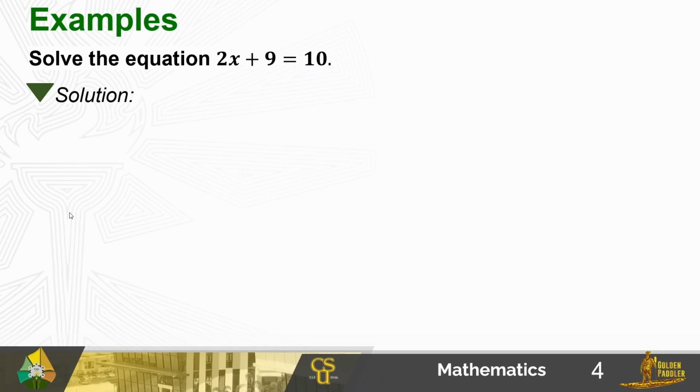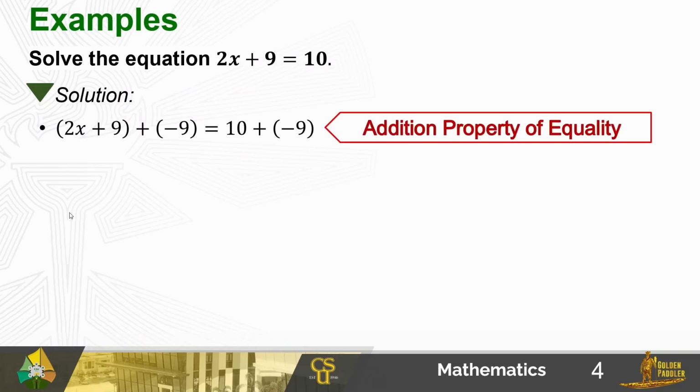To start, we first add negative 9 to both sides of the equation. So from 2x plus 9, we added negative 9, and to 10, we also added negative 9. So in this step, we use the addition property of equality.